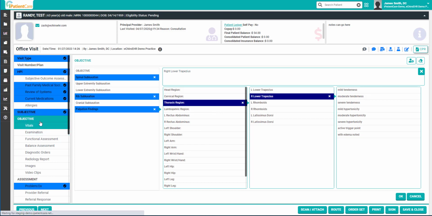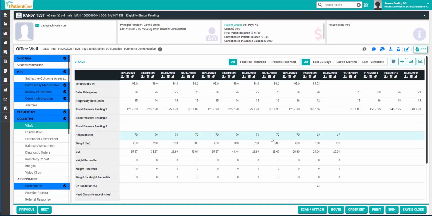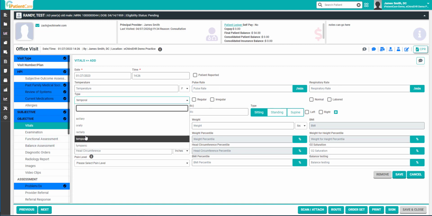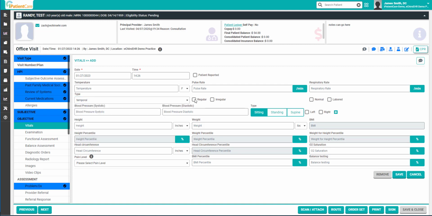Moving on down below objective, we have vitals. Vitals give us a good indication as to what's going on with the patient's body systems, and simply opening up a new vital section and then documenting what is the temp, what is the pulse rate, what is the respiration rate, where it was taken, temporal is the default, was the patient's pulse regular, irregular, was the breathing rate normal or labored, then blood pressure systolic over diastolic, was that standing, sitting, or supine, left or right.